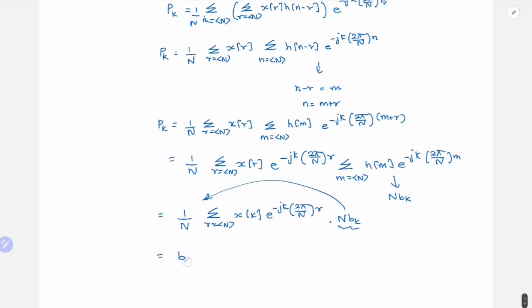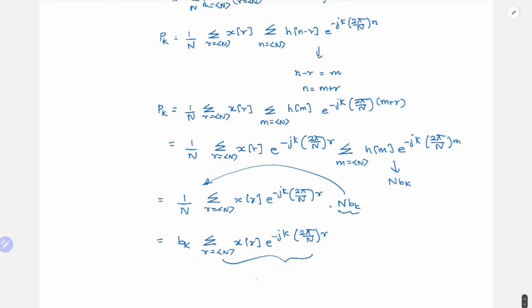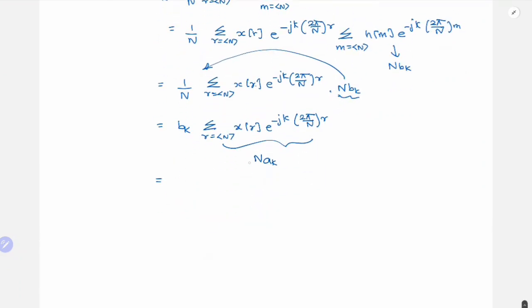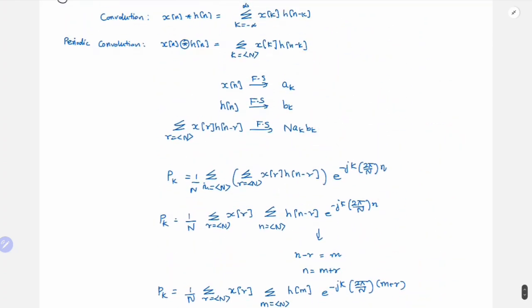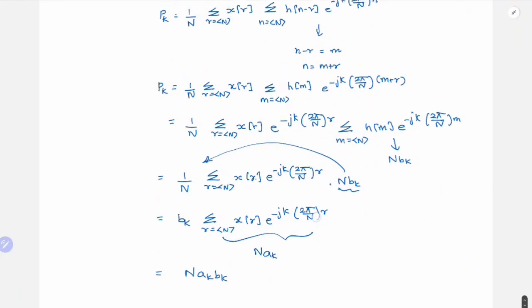So then I will be left with bk into summation r over N, x of r, e power minus jk 2 pi over N into r, right? So this is nothing but my N into ak, correct? So then this total is going to be N into ak into bk. So this is what we said first. Okay, this is the proof for the periodic convolution.